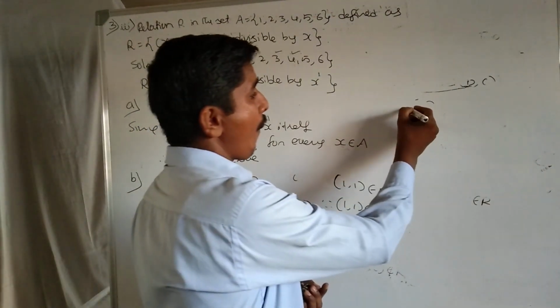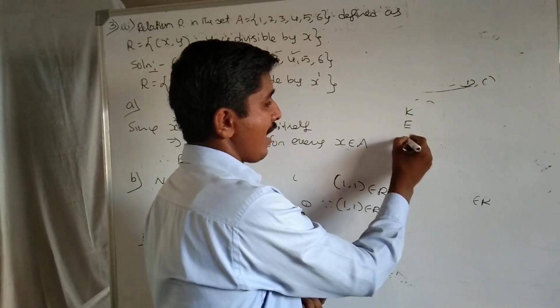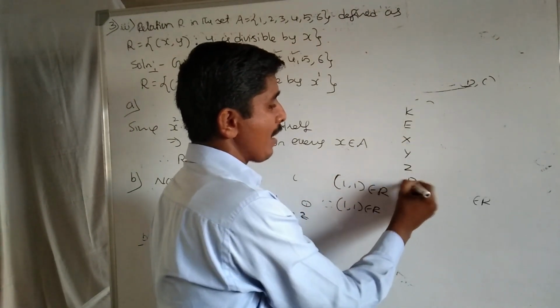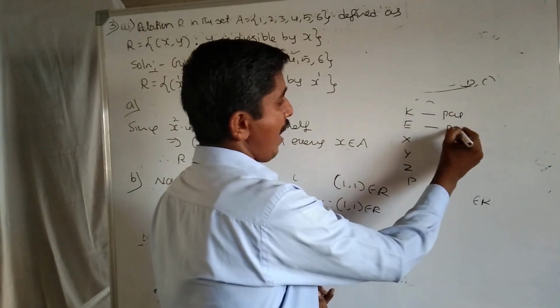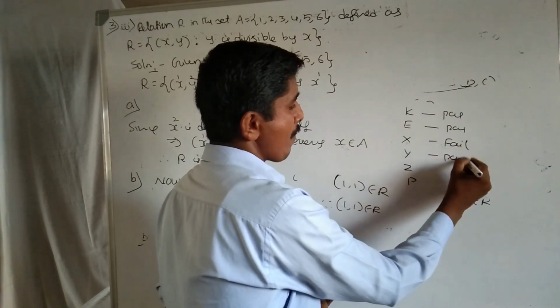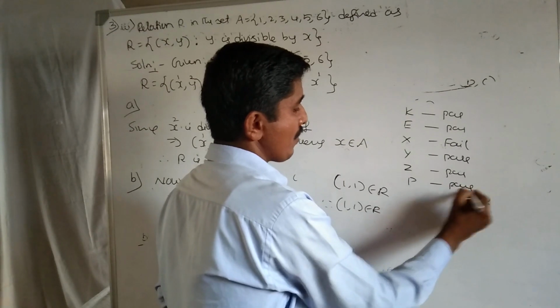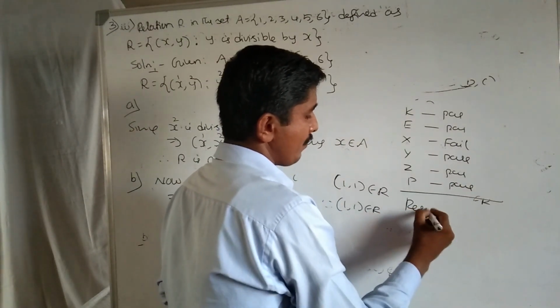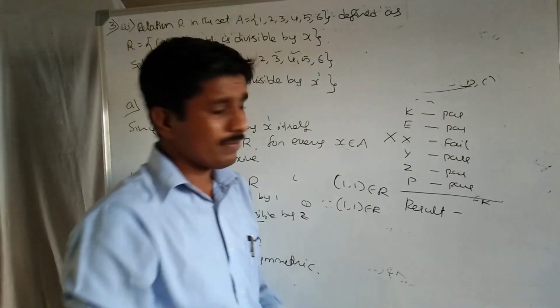If you take some subjects, Kannada, English, X, Y, Z, P. Here Kannada subject pass, English pass, X, Y pass, Z pass, P subject pass. What about the total result? Here X subject fail.